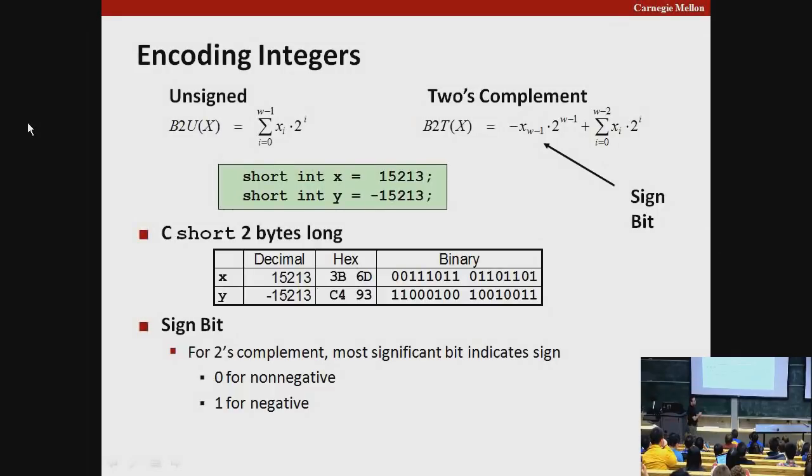Start at bit 0, working your way to the highest bit, the width minus 1. Why the width minus 1? If I have 16 bits, it's 0 through 15 rather than 1 through 16. 2 to the 0, that way we get the 1.